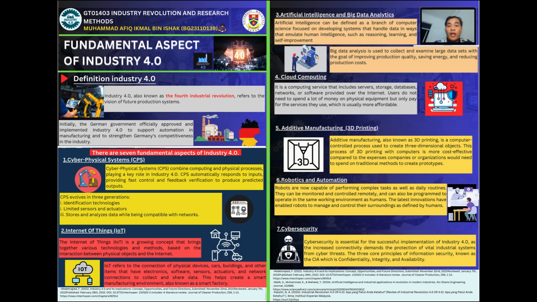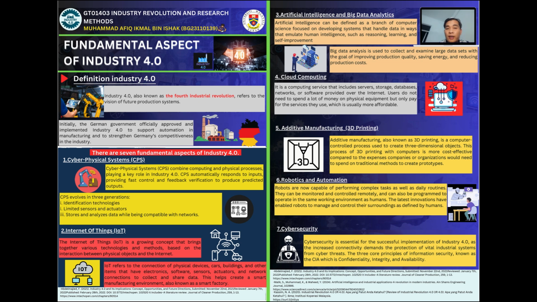Third, we have artificial intelligence, AI, and big data analytics. AI can be generally defined as a branch of computer science focused on developing systems that handle data in ways that emulate human intelligence, such as reasoning, learning, and self-improvement.